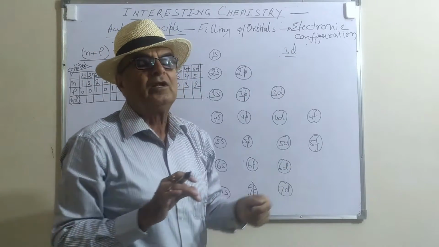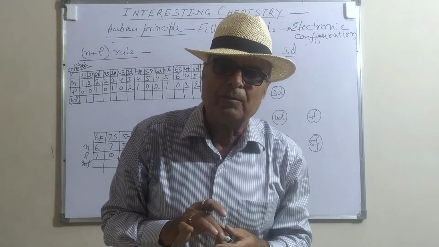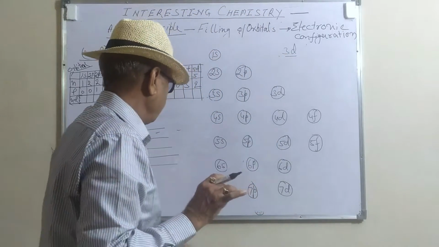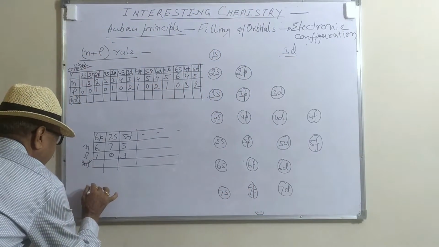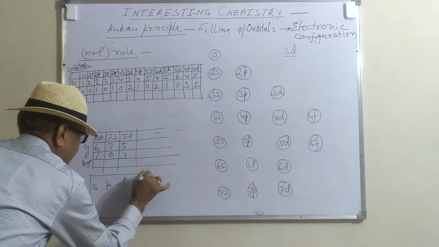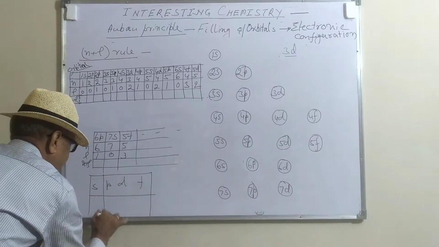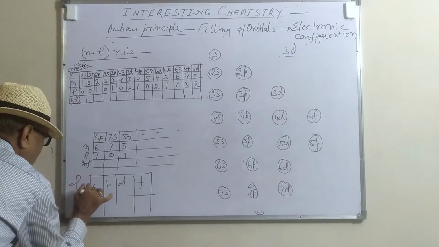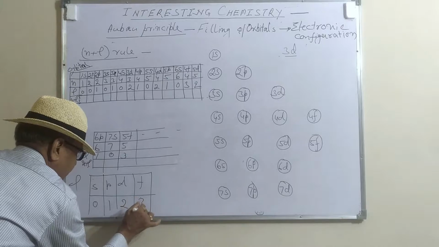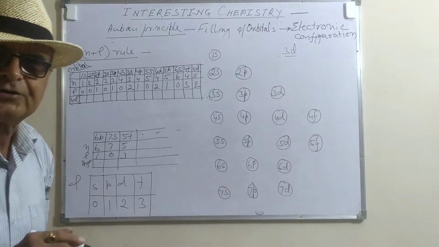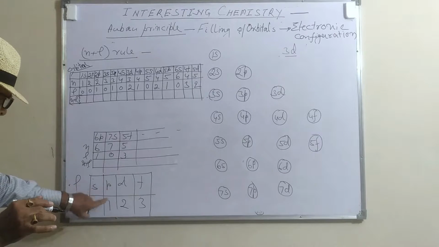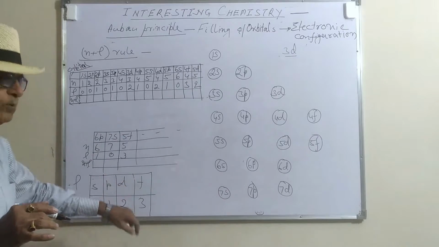And for d, you have to know the value of L. So I am giving you a table here: S, P, D and F. In my previous video I explained that the L value for S is 0, P is 1, D is 2 and F is 3. So please note it.